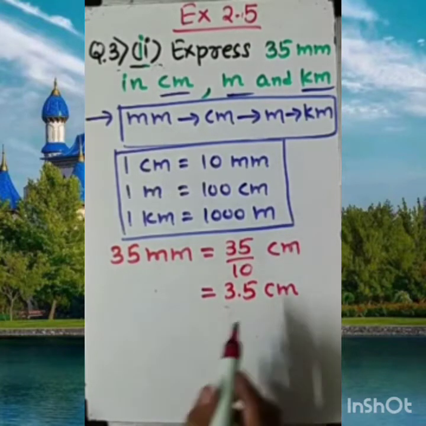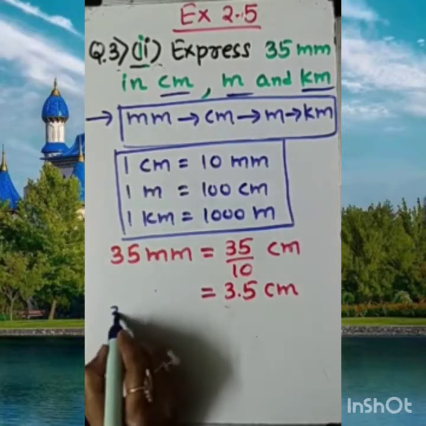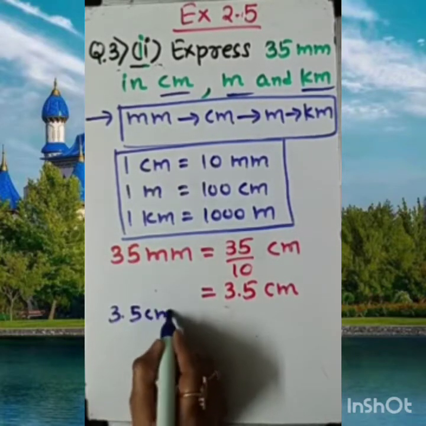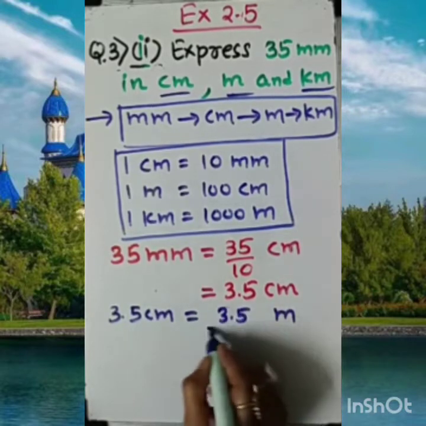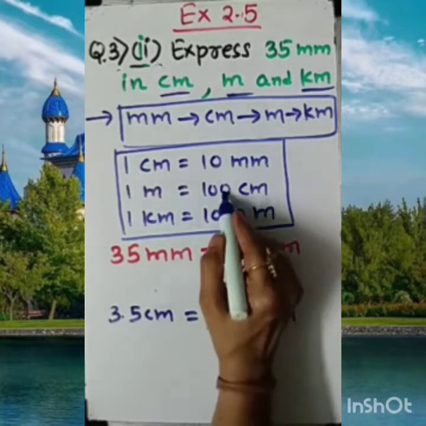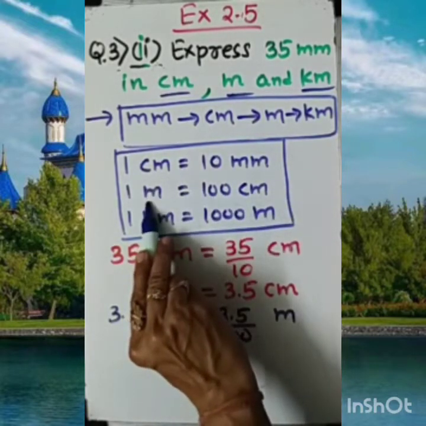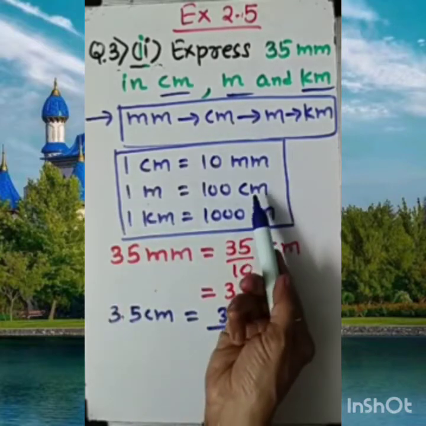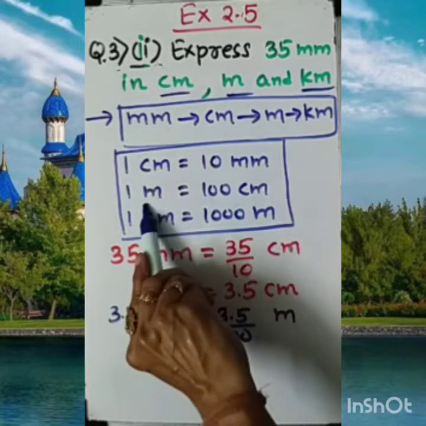Now, this 3.5 centimeter, again I am writing here, I need to convert it into meter. And as we know, if I divide 3.5 by 100, then it will be the conversion from centimeter to meter. Remember, we are dividing because we are converting from smaller unit to bigger unit.